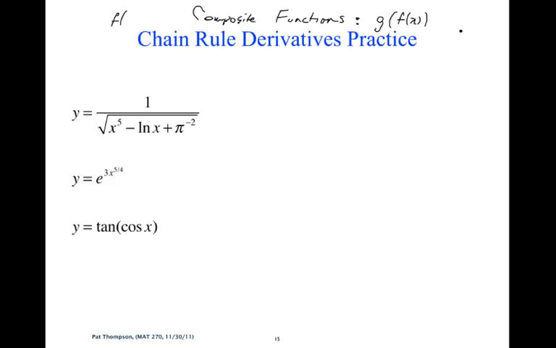So if you're not sure, then maybe get some assistance. You don't want to start working on the derivative until you have it in the right form to do the chain rule. Okay?